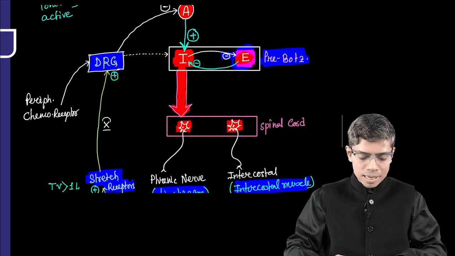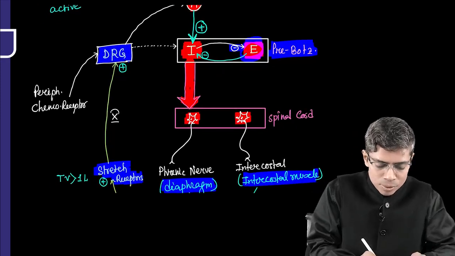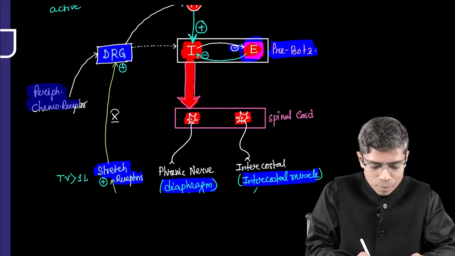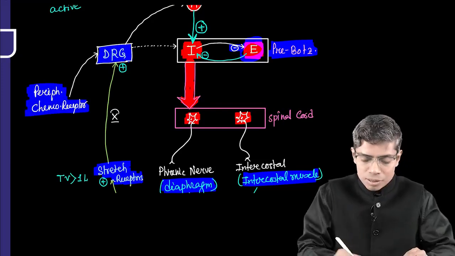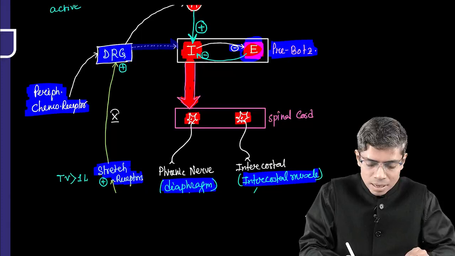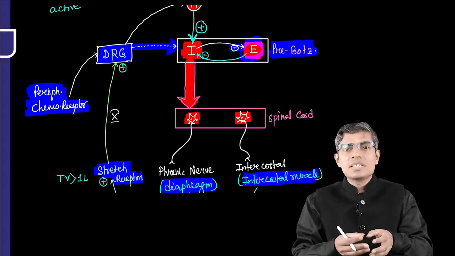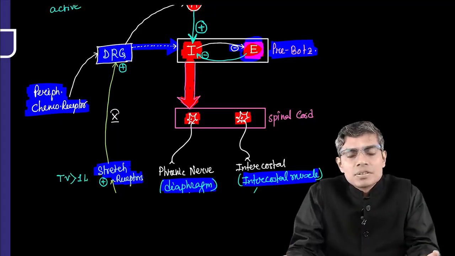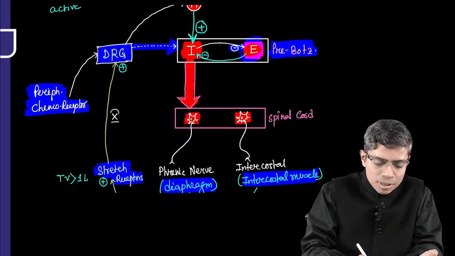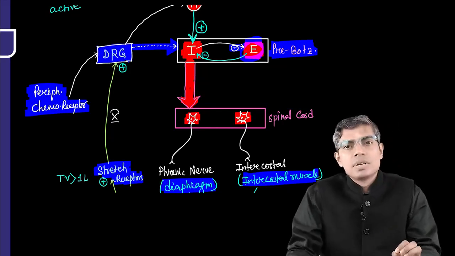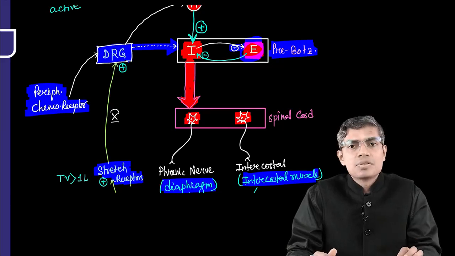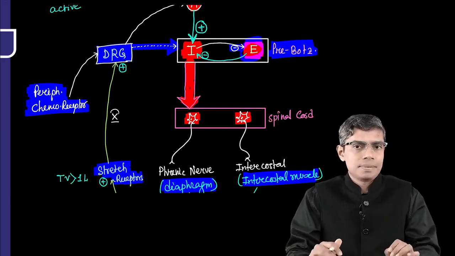So what is the bottom line? If you stimulate this peripheral chemoreceptor, the stimulation will go to the level of this I neuron or pacemaker neuron, but the signal is going through which integratory center? That is nothing but your DRG. That's why I told you that the DRG is the sensory integration center.